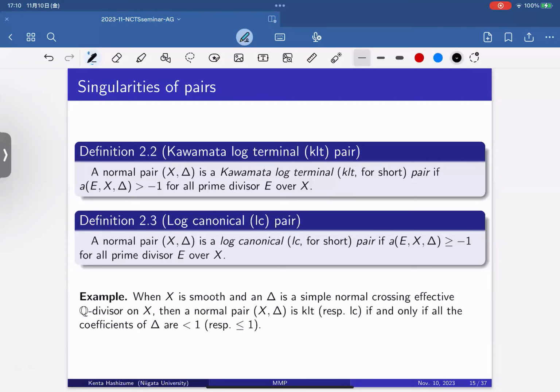Okay, for example, let (X, delta) be a pair such that X is smooth and delta is a simple normal crossing divisor. Here, simple normal crossing divisor means that every component intersects transversally.